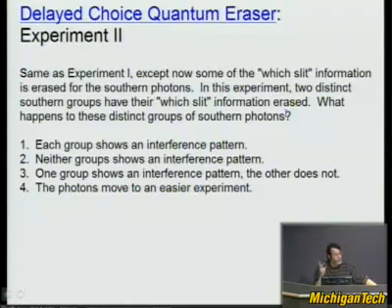And so 2 groups in fact are having their which-slit information erased. So what happens to these distinct groups of southern photons? Do each of these groups continue to show an interference pattern even though which-slit has been erased for them? Does neither group show an interference pattern? Does one of the groups show an interference pattern? Or do the photons just move to an easier experiment?